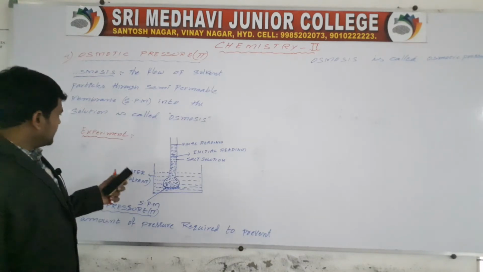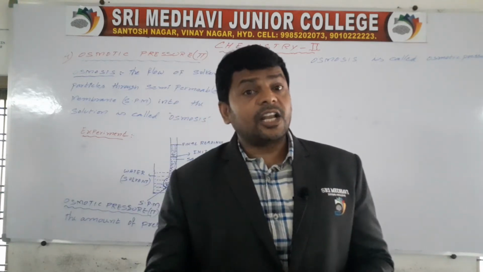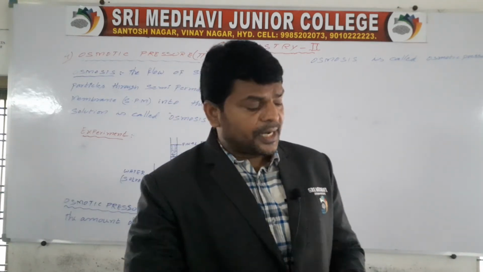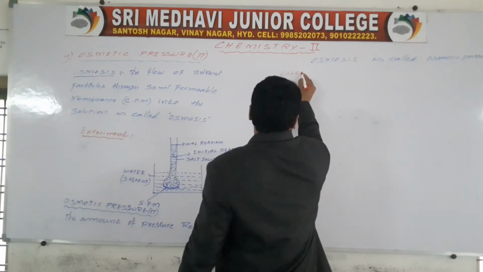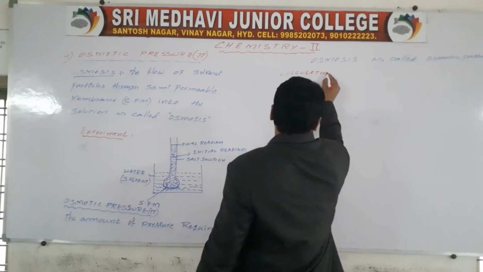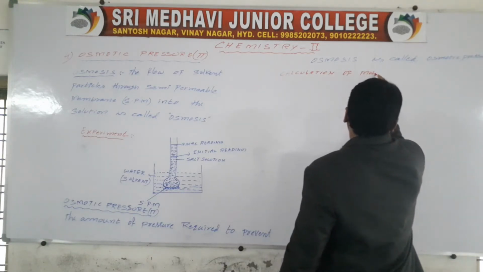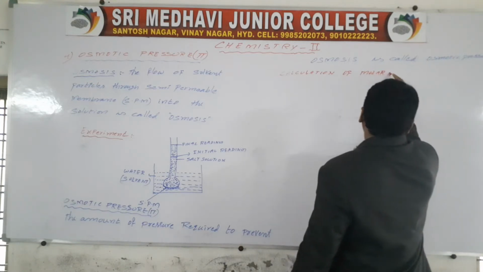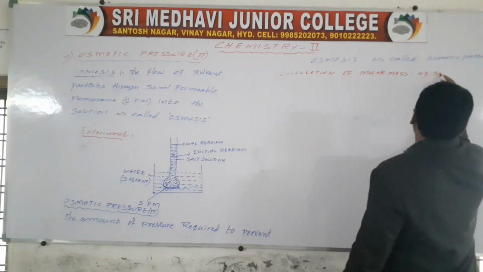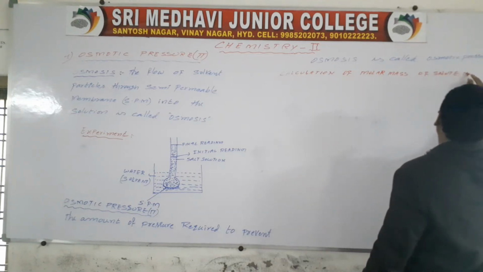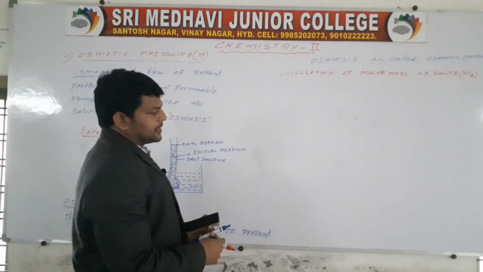Okay. Then, osmotic pressure pi means calculation of molar mass from osmotic pressure. Then you have to know the calculation of molar mass of the solute, which is MB.